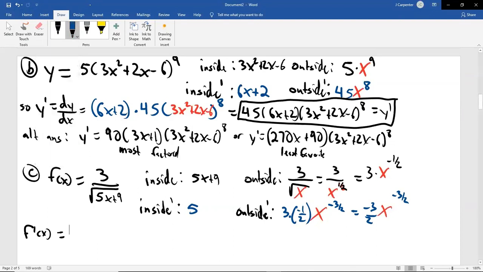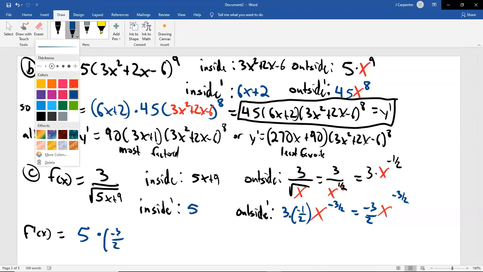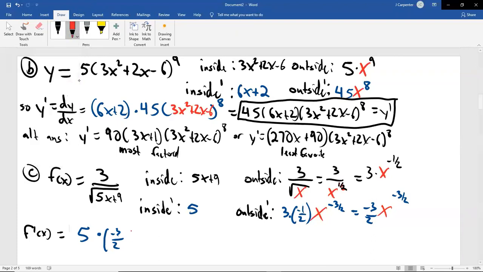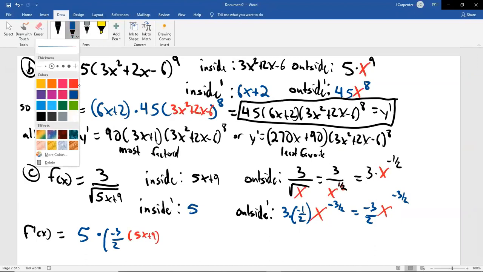Okay, derivative of the inside, that's the 5, times derivative of the outside, that's all of this. So times negative 3/2, then our special x, which really represents the inside being the 5x plus 9. So that's another parentheses, 5x plus 9, then that thing is raised to the negative 3/2.